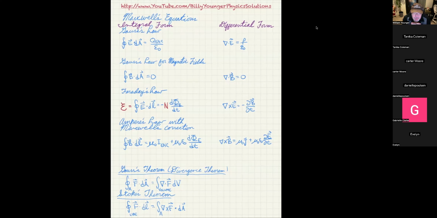It just says the closed integral, meaning an integral over a closed surface, of F dot dA, which is the flux of the vector field F through any closed surface. So if you calculate the total flux coming out of any closed surface of the vector field F, that's equal to the divergence of F over the volume.